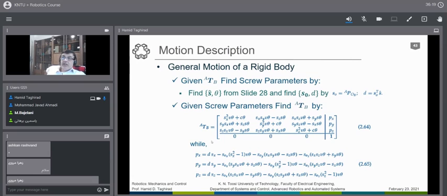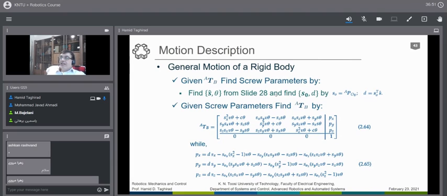But vice versa, if we have the homogeneous transformation, it is very easy to find the screw axis, because from the rotational part of it, if you have the rotation matrix, just use the eigenvectors and eigenvalues, or use the formulation given on slide 28 to find Sx, Sy, and Sz, along with the angle theta.